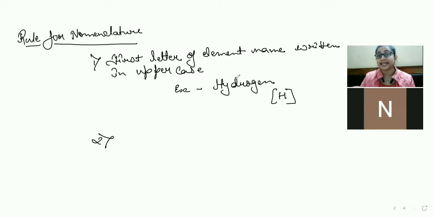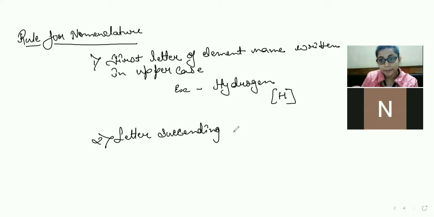If we take hydrogen, the second alphabet is Y. The second letter succeeding the first letter is written in lowercase, and we put it in the element name.